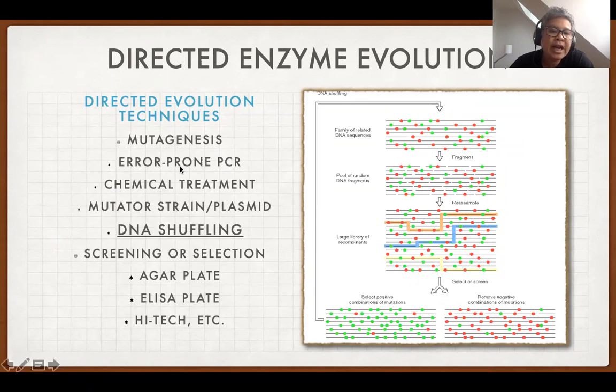The idea of DNA shuffling is that you have a set of genes, you cut them into small pieces, and you shuffle them together like this, and then you can have a gene with a combination of different mutations. You hope that a certain combination of mutations generates an enzyme that has a better property than the original enzyme.